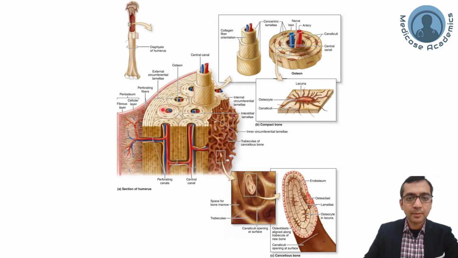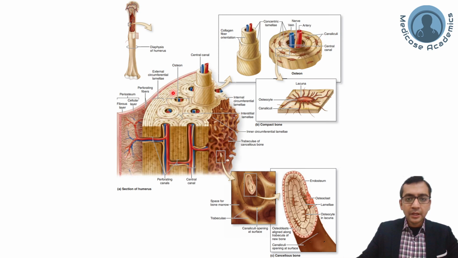One circle is one lamella, then another lamella, then another lamella, and inside them, these dots you are seeing are the lacunae in which osteocytes reside. And these Haversian canals house the arteries, veins, nerves and some lymphatics that are in the bones.